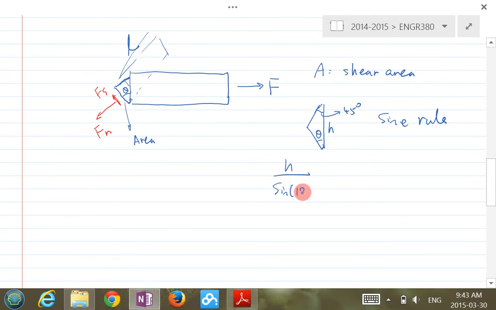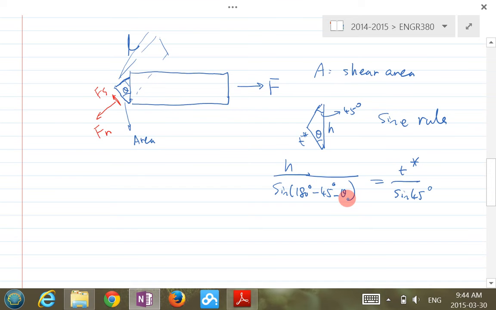That angle is 180 minus 45 minus theta degrees, right? And then equal to this side here. Let's call this T star. So that is T star over how much? Sine 45 degrees, right? So then you can solve for T star in terms of H and theta.